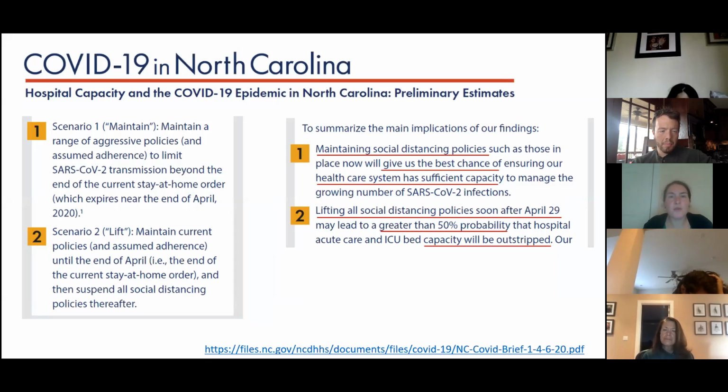The other scenario was, if we lifted everything, what would we see? Unsurprisingly, what we found was that maintaining distancing policies would give us the best chance of not outstripping the hospital capacity. But if we were to lift social distancing policies, then we had a pretty good shot of running out of hospital beds. So that was the main gist of that report.